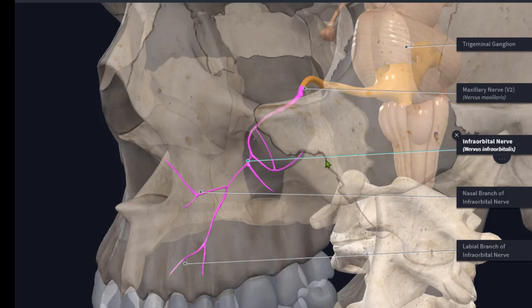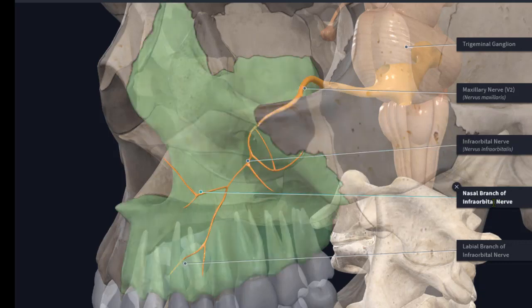These two only supply the maxilla, the nerve supply of the maxilla over here. And the labial branch, that you can see, is also a branch of the infraorbital nerve that supplies the whole maxilla, mainly the alveolar processes.